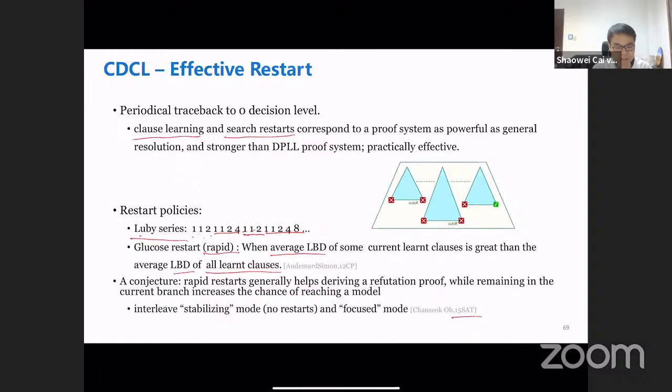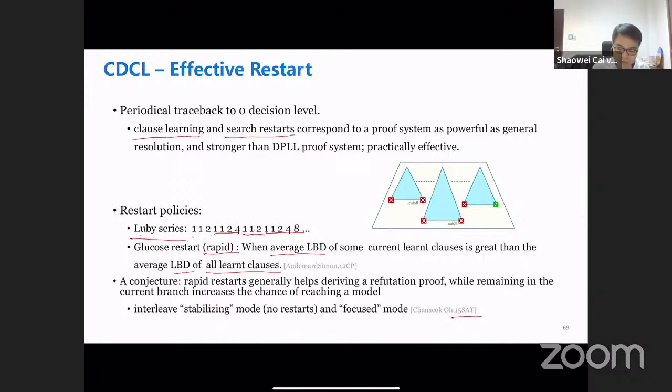So he gave a conjecture that rapid restarts generally help in deriving a refutation proof, while remaining in a stable mode is better to find the model.